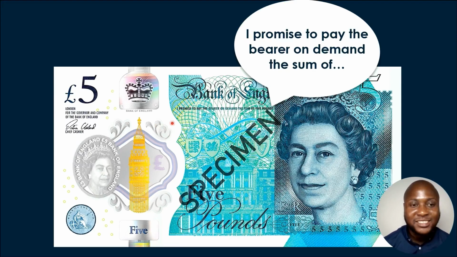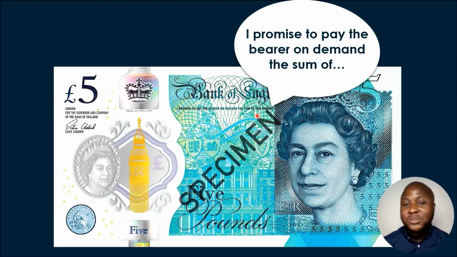It says, I promise to pay the bearer on demand the sum of this. So the question is, who is making that promise? In this case, it is the Bank of England that is making the promise.